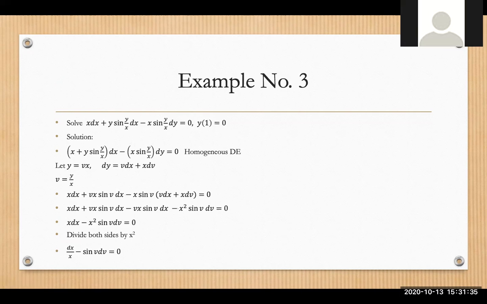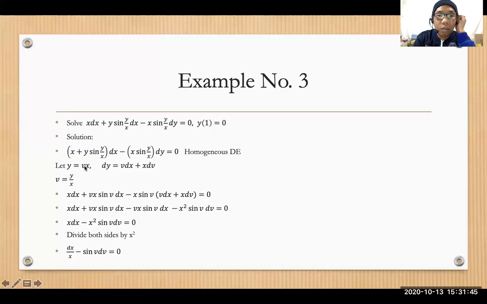Nakuha ba? Opo, sir. Kaya siya naging degree 1. Kung wala itong x na to, degree 0 yon. Nakuha? Kung wala yung x, degree 0 yan. Kung wala yung y, degree 0 to. Homogeneous function, degree 0. Clear? Okay. Because of this x and this y here, degree 1 siya.